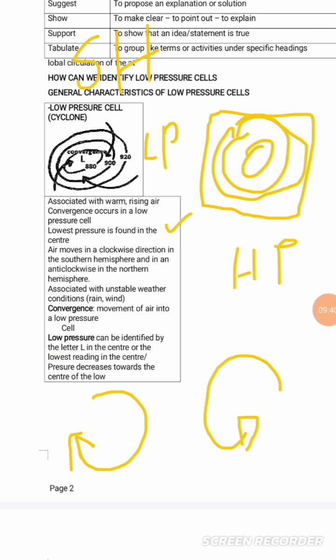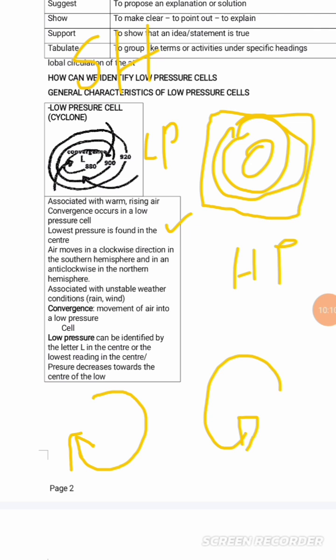So the weather associated with low pressure is an unstable condition. We know low pressure is where air rises. So it causes what? Rains and thunderstorms, wind, haze. So the weather there is an unstable condition.